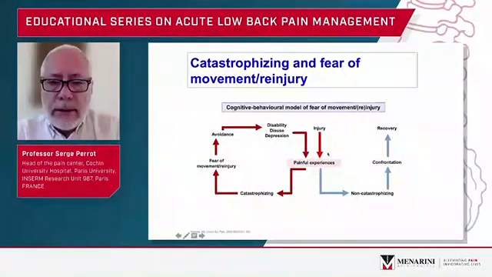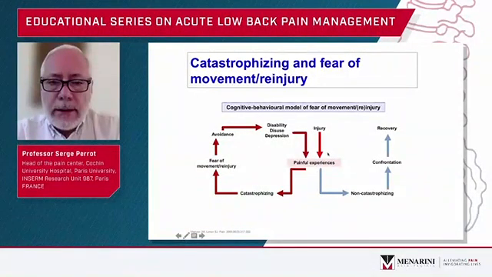We should say that multimodal therapy is not polypharmacy. It's really something that is relevant. We should administer different drugs together, but in a very relevant manner, targeting different mechanisms and with synergistic effect between the 2 drugs.